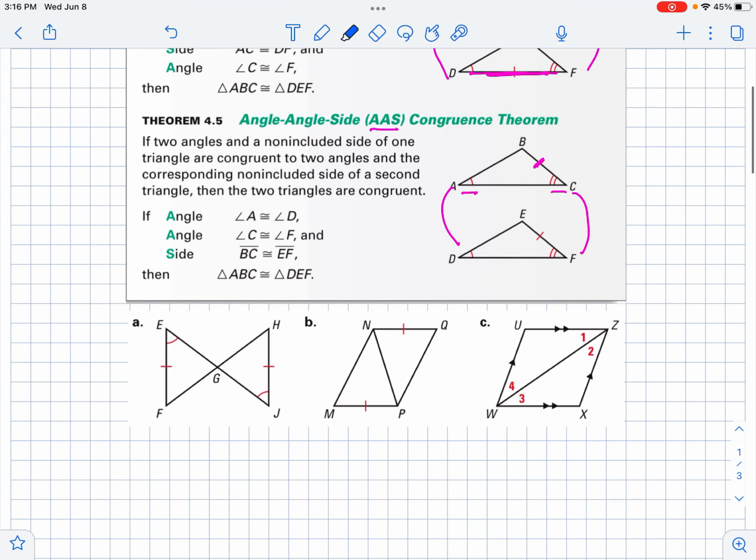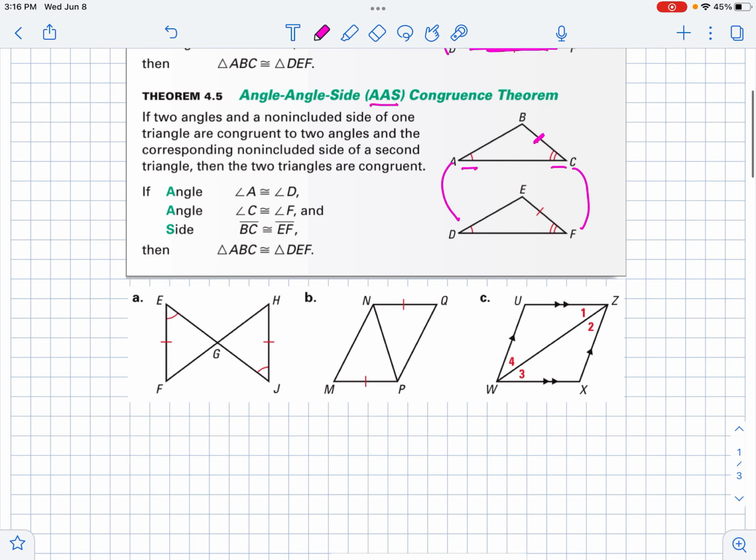But let's see if we can determine the congruence or not of these three situations here, A, B, and C. First of all, A. We've got this angle congruent to this angle. Okay, good. We've got these sides congruent.